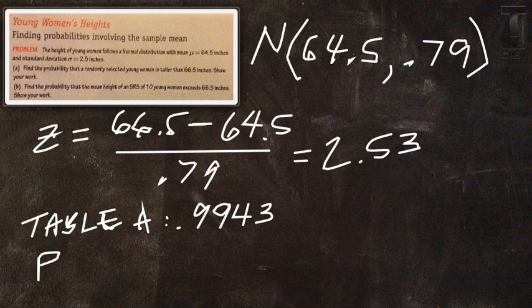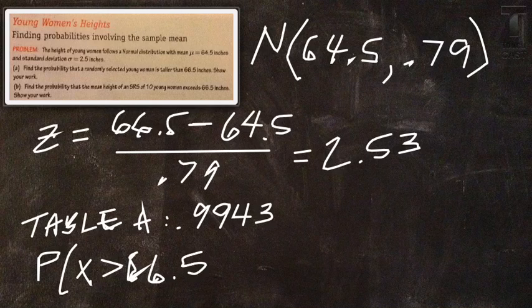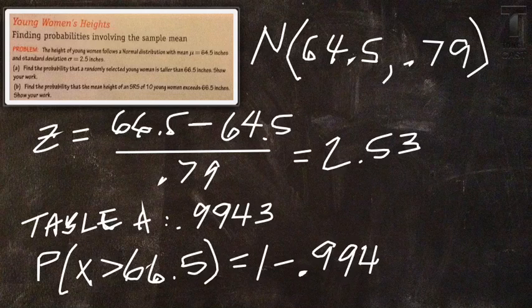We need the probability again that x bar is greater than 66.5. That's going to be 1 minus 0.9943, or 0.0057.